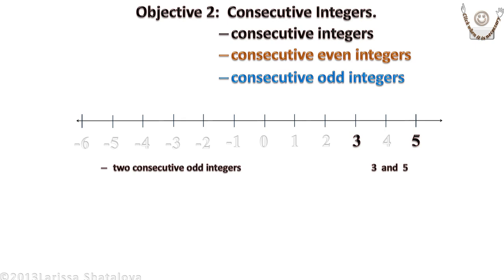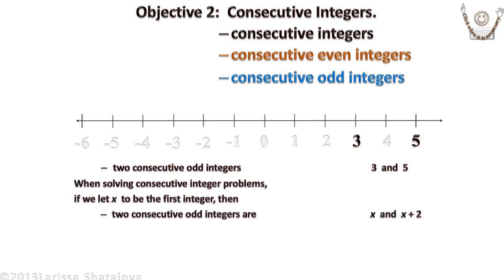When solving consecutive integer problems, if we let x be the first integer, then the second integer would be x + 2, because the difference between two consecutive odd integers is just 2 units.